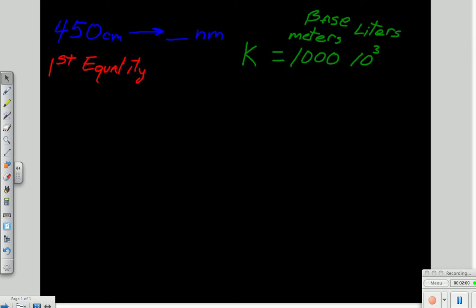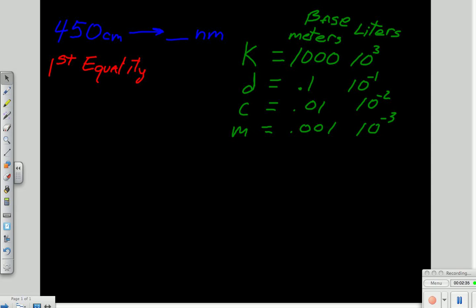The other commonly used equality is going to be a deci. A deci is equal to 0.1 of a base unit, or 10 to the negative first. You're going to use centi. It's equal to 0.01, or 10 to the negative second base units. You're going to use milli, 0.001 base units, 10 to the negative third.